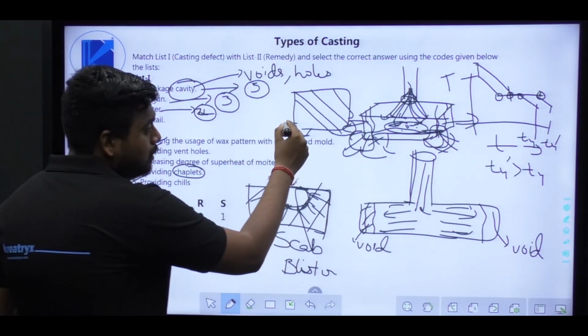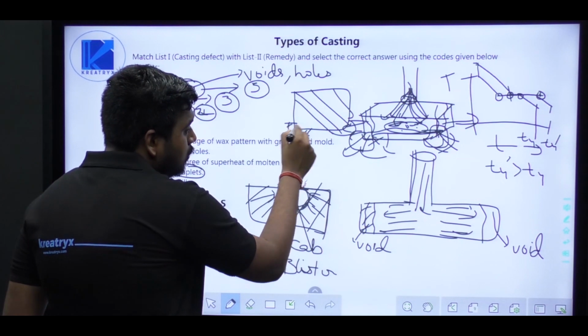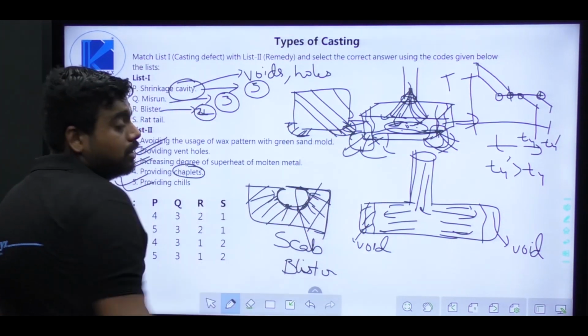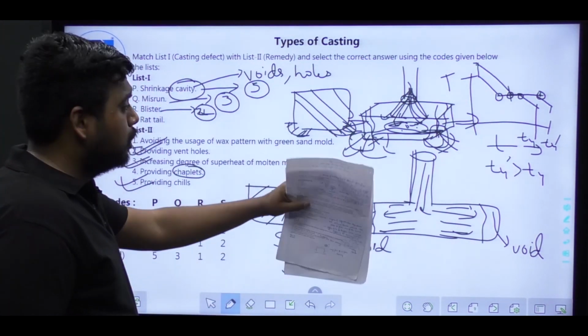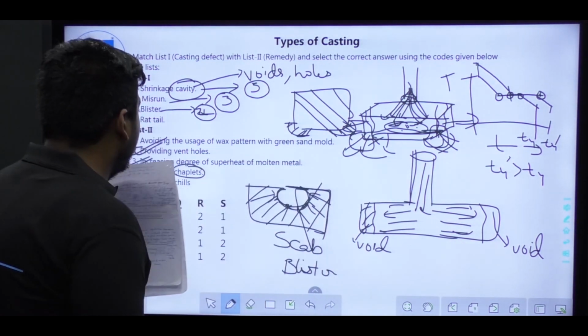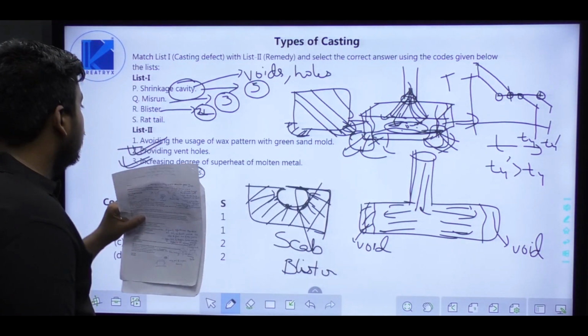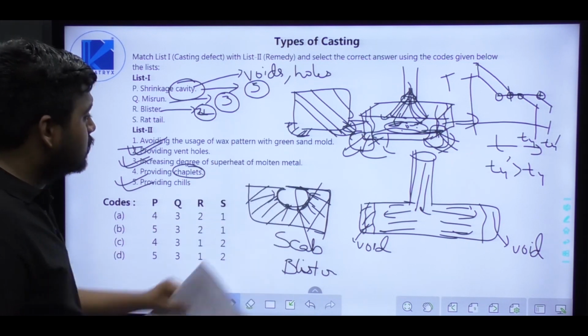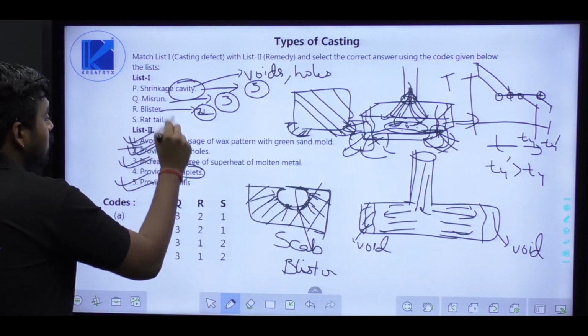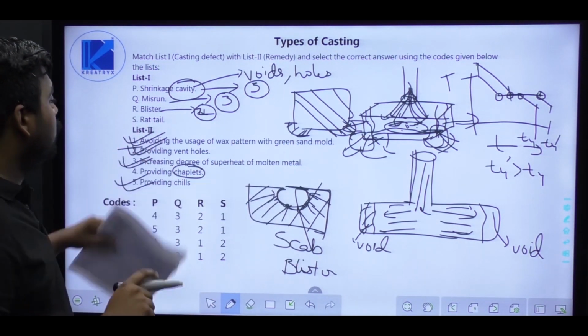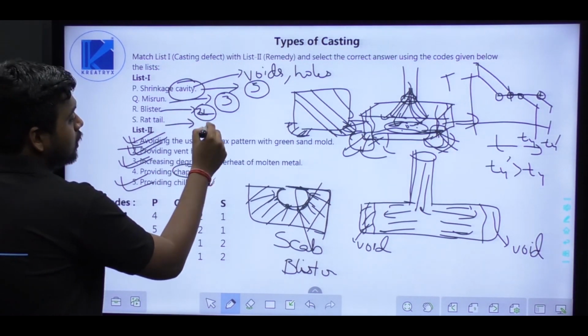When the metal cools down, that extra space forms an extra part of the casting. This phenomenon is termed as rat tail, and it can be avoided by avoiding the use of wax pattern with green sand mold. So option 1 is the right answer.